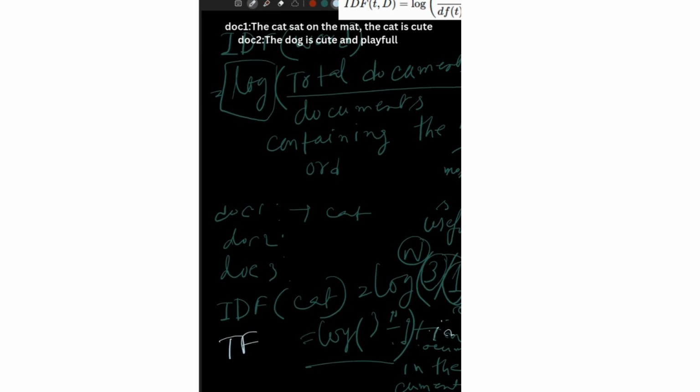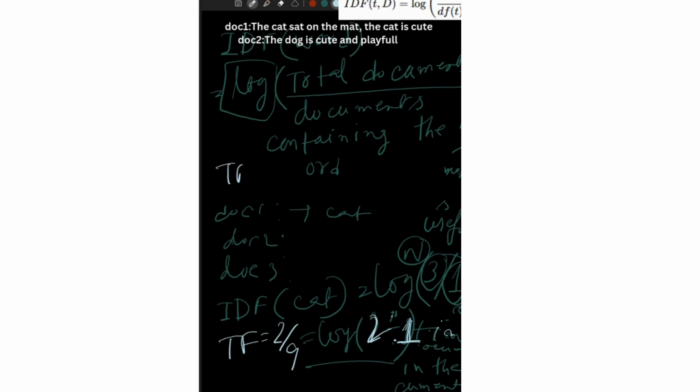In the first document, cat occurs 2 times, and the total number of words in that sentence is 9. So Tf is 2 by 9, and for IDF we are considering maybe the same, with 2 documents in total and cat appearing one single time. So 2 divided by 1, this is the log value.